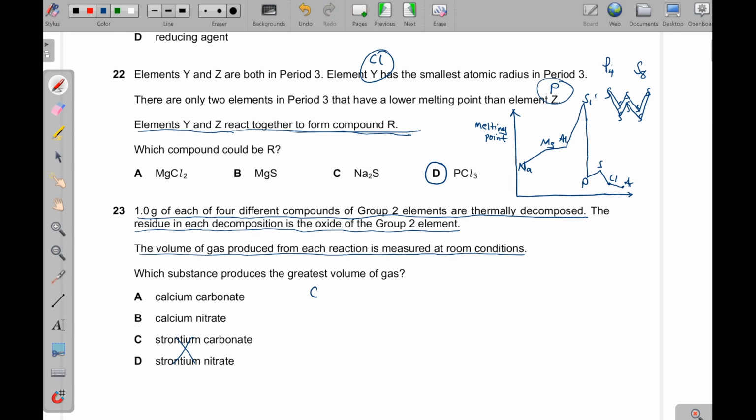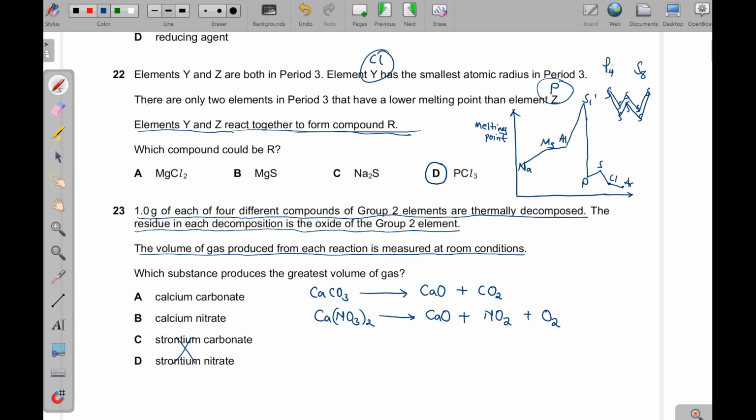Now, when you look at calcium carbonate, you decompose it, you are going to get calcium oxide plus carbon dioxide. And then calcium nitrate, when you decompose it, you are going to get calcium oxide, plus nitrogen dioxide, and plus oxygen.